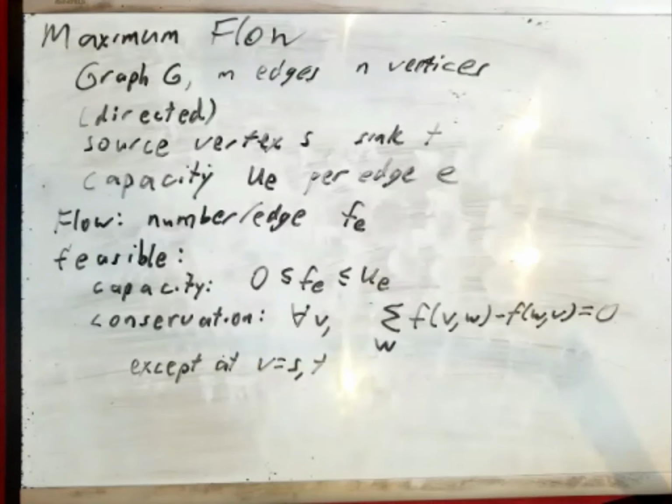So this is just saying that the total amount of flow entering a vertex has to equal the total amount of flow leaving the vertex, unless the vertex is the source of flow.